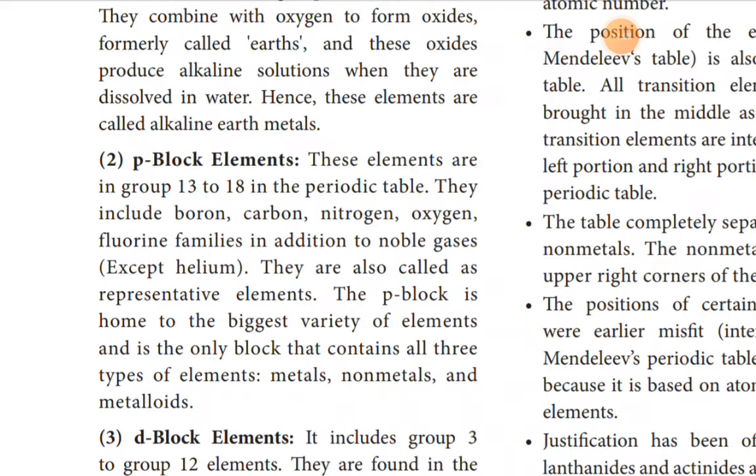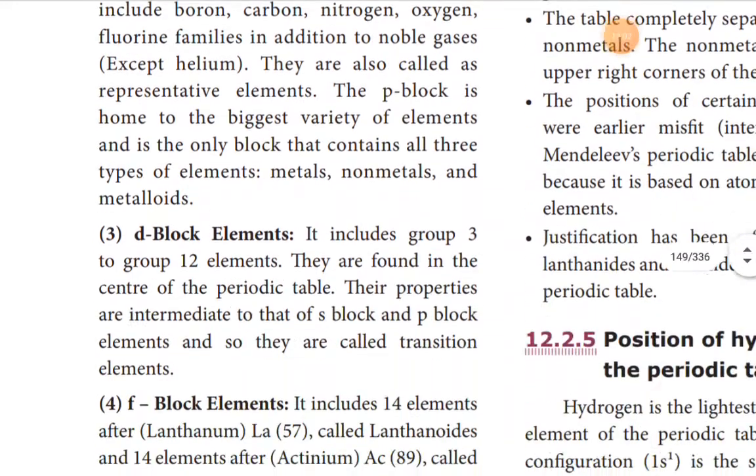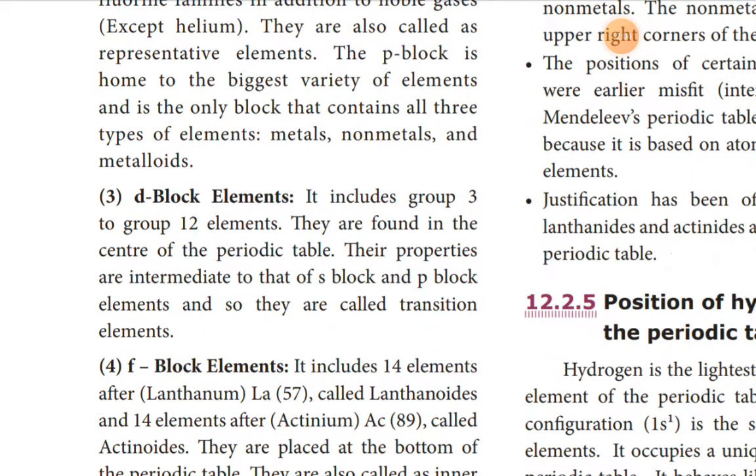Then next one, the D block elements. D block elements include group 3 to 12. It is intermediate between the S block and P block. That is, groups 1 and 2 are the S block, 13 to 18 are the P block, and between them, groups 3 to 12 are the D block elements.